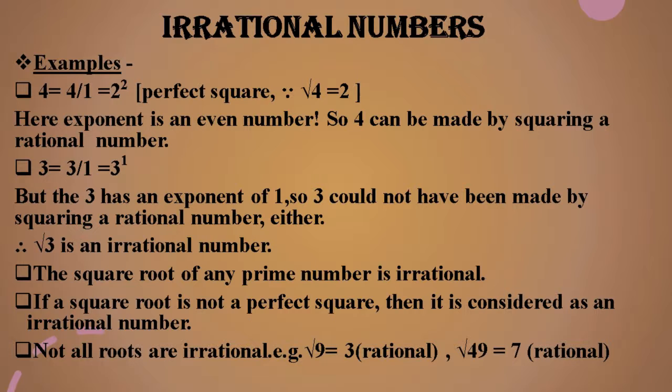Therefore, root 3 is an irrational number. The square root of any prime number is irrational. If a square root is not a perfect square, then it is considered an irrational number. Not all roots are irrational. For example, root 9 is equal to 3, which is rational. Root 49 is equal to 7, which is again a rational number.